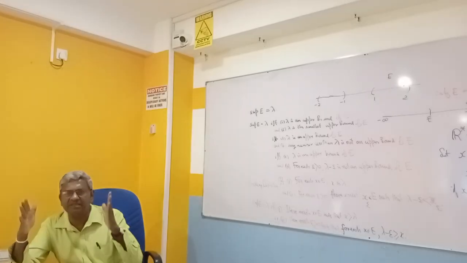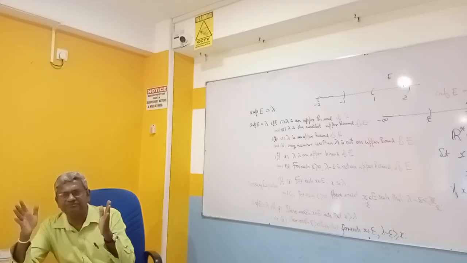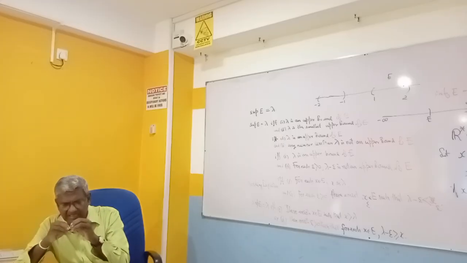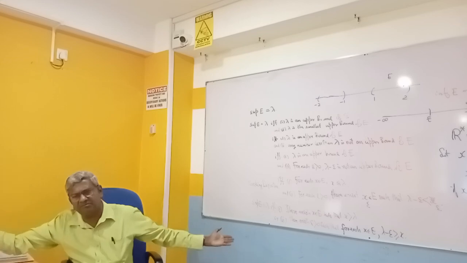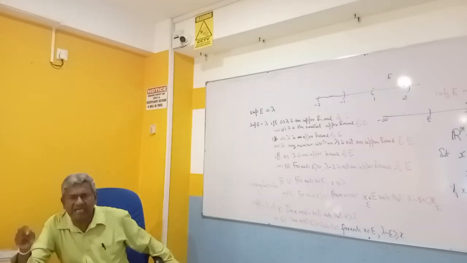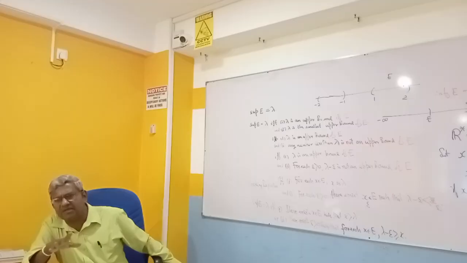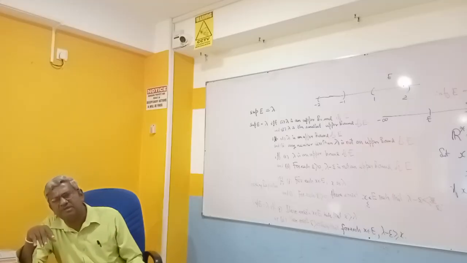Now, if the sequence a_n is bounded by capital M, then the elements are bounded below by minus M, bounded above by plus M. So capital M is an upper bound of the set of all a_n, and minus M is a lower bound of the set of all a_n.